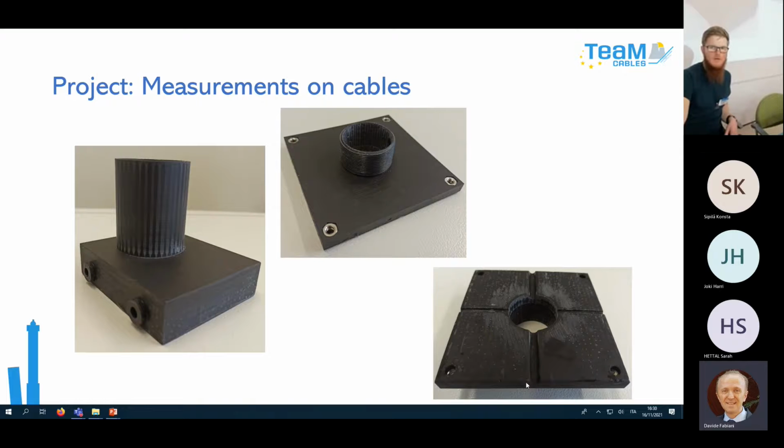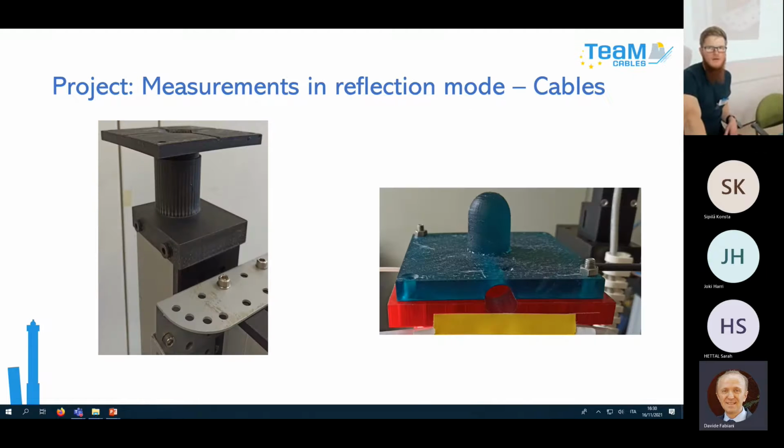This is the actual sample holder where you can put in the cable, the insulation that you removed the outer jacket from, and you can clamp it down with a plate. It looks like this. This is our reflection probe head, now looking upwards, not sidewards. And this is an older sample holder, the red one, but you can clamp it down with this plate, and you can see here, as an example, one of these cables.